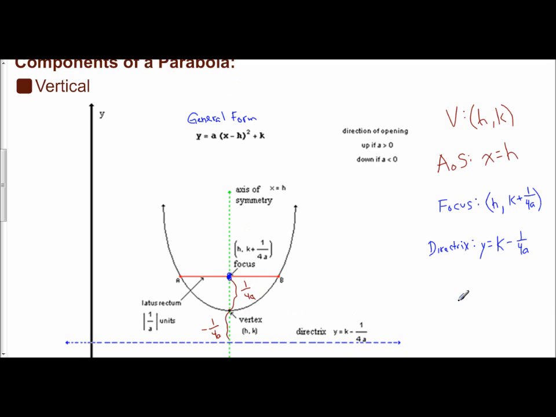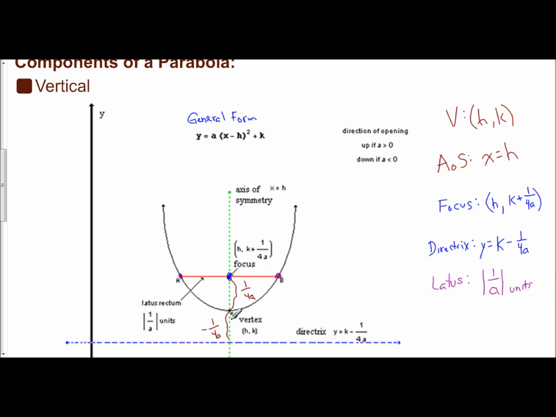And the last new component is the latus rectum. We'll just call it the latus. What the latus does is it finds 2 points on the parabola, a point A and a point B. Now, when we find the latus, we use the absolute value of 1 over a, where a is the coefficient from our general form, and it's that many units long.